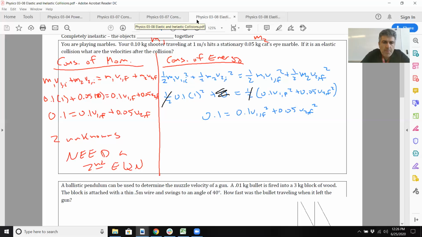Yeah, it looks like they divide both sides by 0.1 here, actually, to kind of clean this up a little bit. Maybe I'll do the same. Remember, you got to do it to all terms. So to clean things up a little bit, 1 equals v1f plus 0.5 v2f.